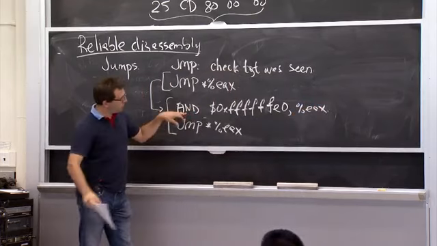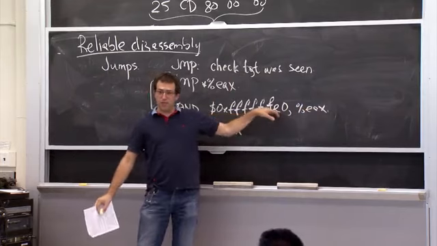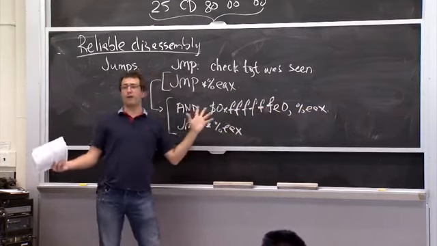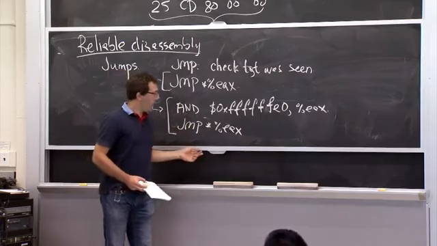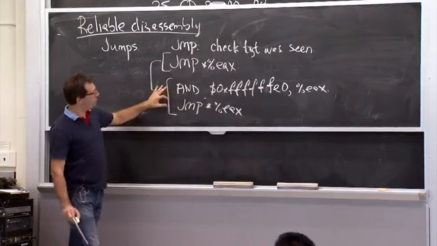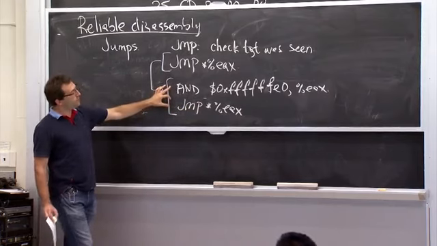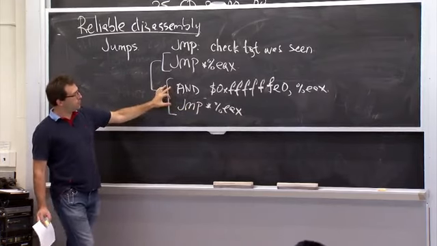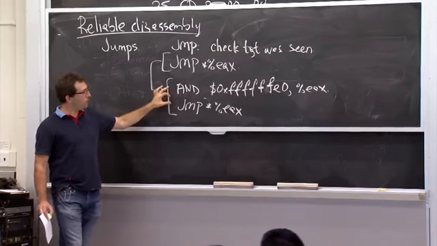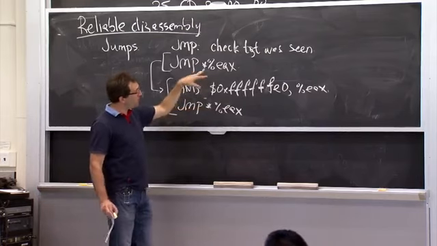So this AND instruction clears the low 5 bits, which means that it forces this value to be a multiple of 32, 2 to the 5. And then you jump to it. So if you look at it during verification time, you can convince yourself that this instruction pair will only jump to a multiple of 32 bytes.